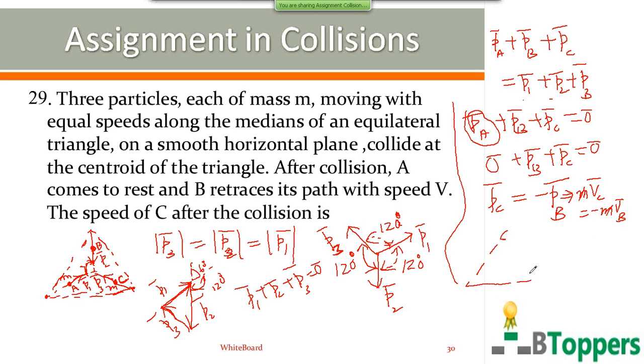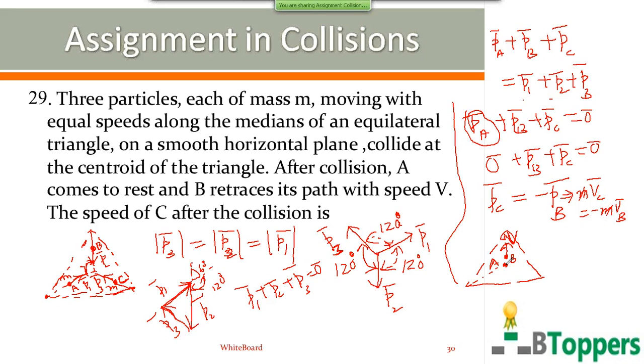After the collision, the first particle A comes to rest at the centroid, but B retraces its path with speed V. That means B moves in this direction along the median. Retraces means moves along the same path in opposite direction.